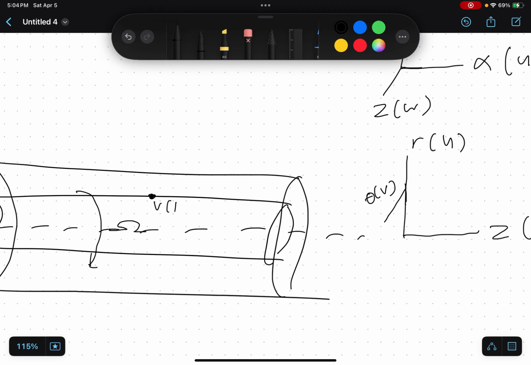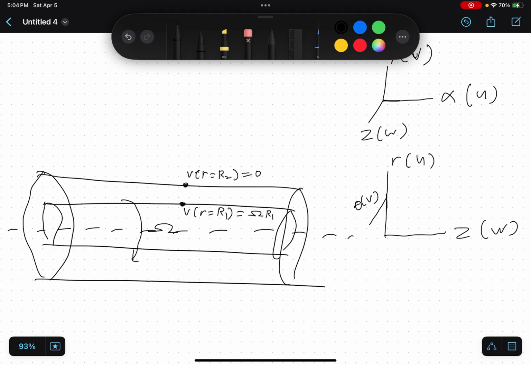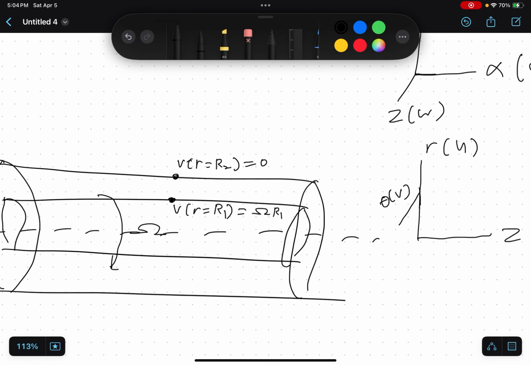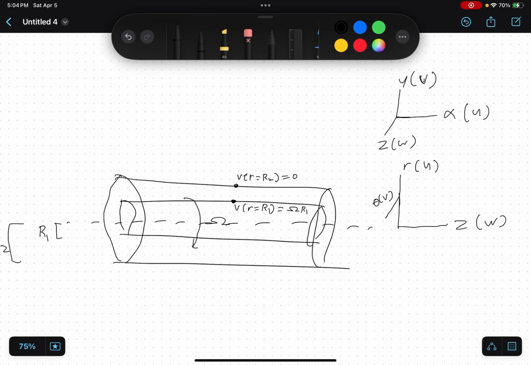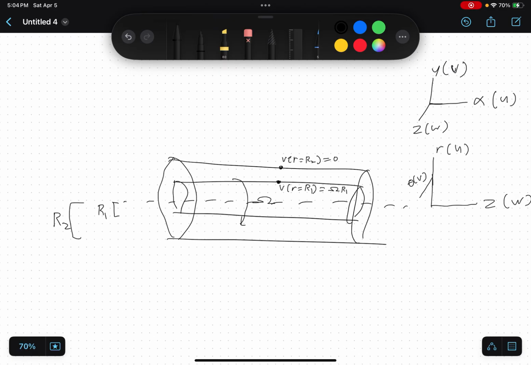So V at r equals R1 equals the velocity, omega R1. Out here, V at r equals R2 equals 0. No slip, the outer cylinder is stationary. There's also the no penetration, but let's skip that for now, and if we need to, we can write it later. Those are the two big ones.